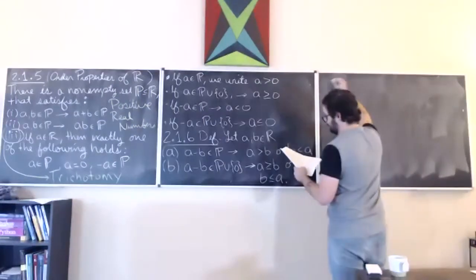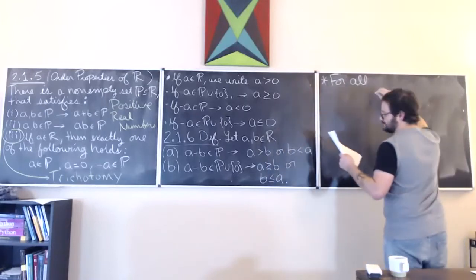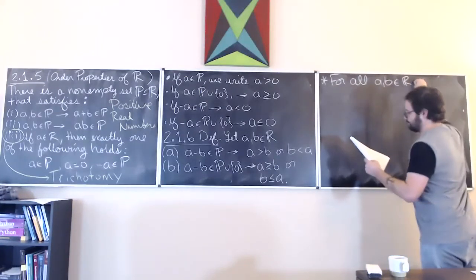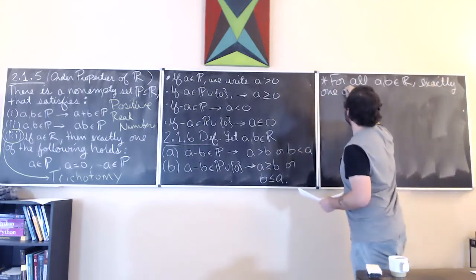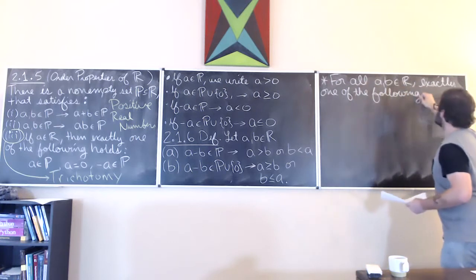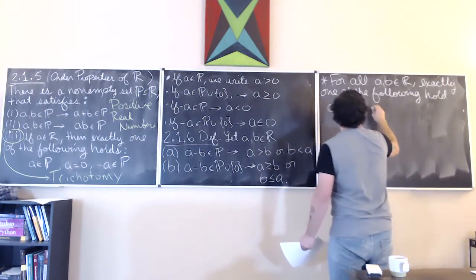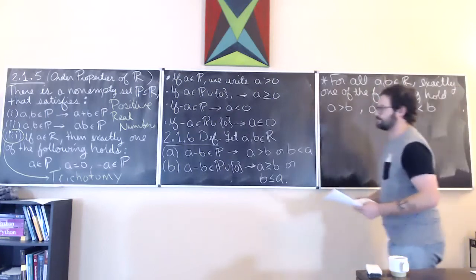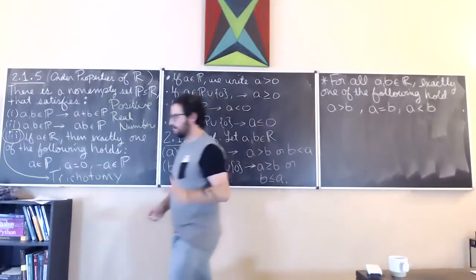For all A and B real numbers, exactly one of the following holds. Namely, A is greater than B, or A is equal to B, or A is less than B. So exactly one of those properties will hold.